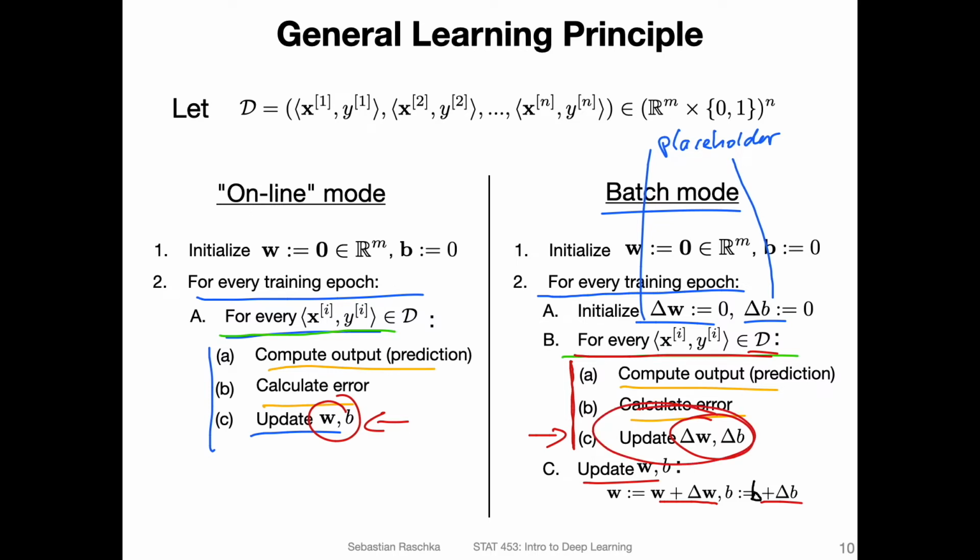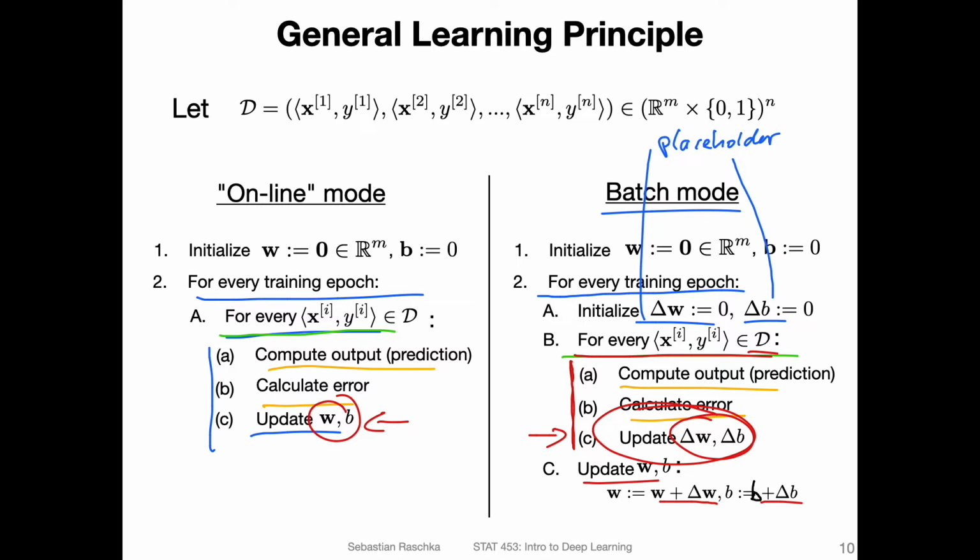So what is the advantage of doing, let's say, online and batch mode? Online mode is one update at a time, so it can be a little bit noisier. The batch mode is a little bit more robust, so you collect statistics or information from the whole dataset before you do one update.